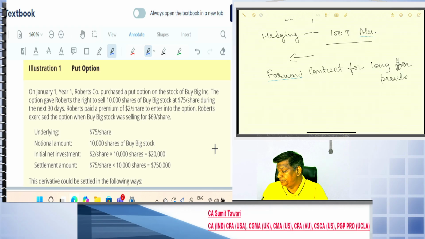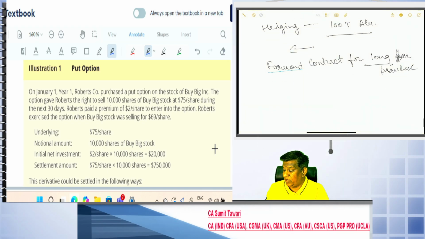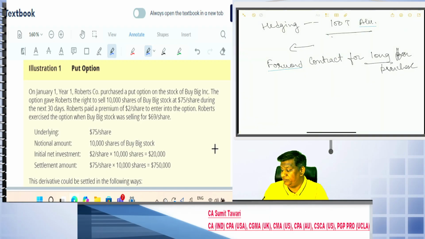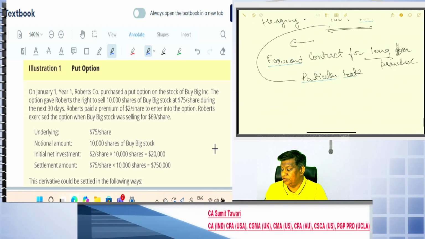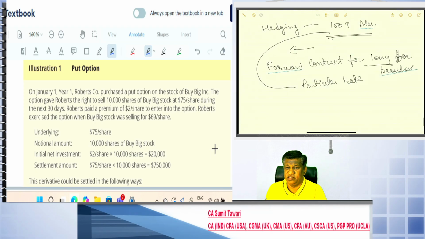Either he can do it with some seller: I need 100 tons at a particular rate. This is one option, meaning he directly decides the price and fixes the price.